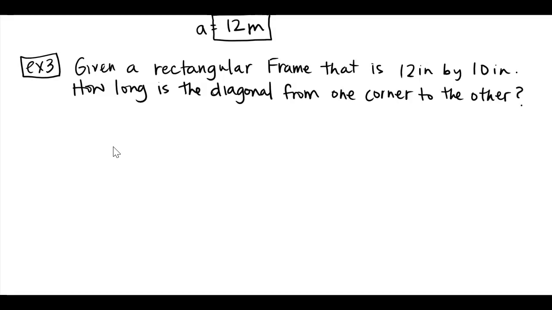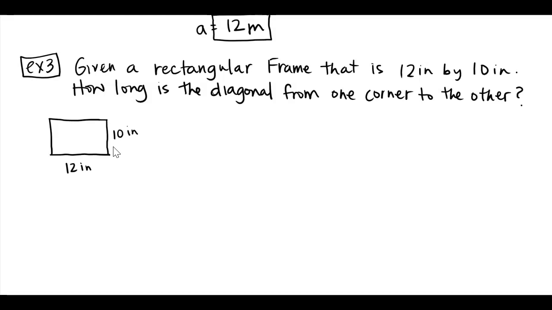All right, so on this one, it doesn't give us a picture, so we need to draw our own little picture. We're thinking, okay, we've got a rectangular frame. So let's draw a cute little rectangle here. All right, and all we know is that the frame is 12 inches by 10 inches. So I'm going to say this one's the 12 inches, and this one is the 10 inches.